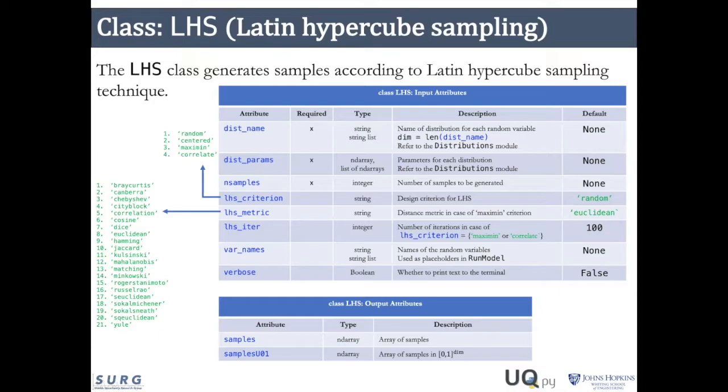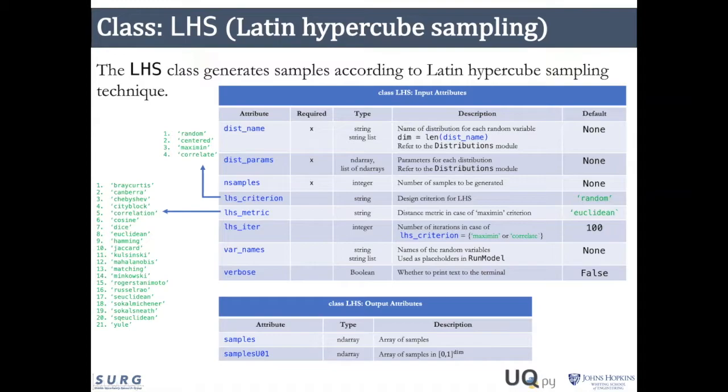But the Latin hypercube LHS class has additional parameters, one of which is called the LHS criterion, which is the design criterion for Latin hypercube. We have 4 options for that. We have the random option, where the samples are randomly generated within each stratum. We also have the center option, where in each stratum the sample is located at the center of the stratum.